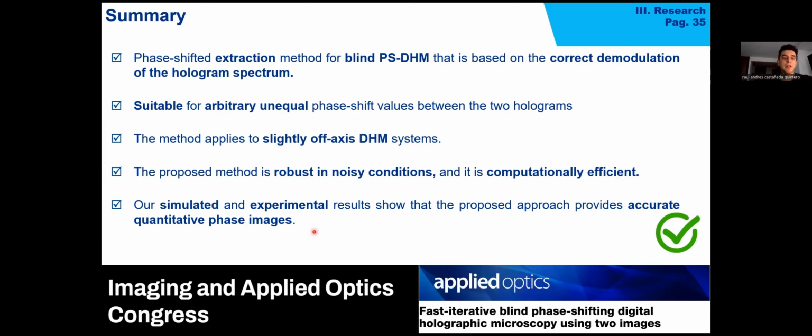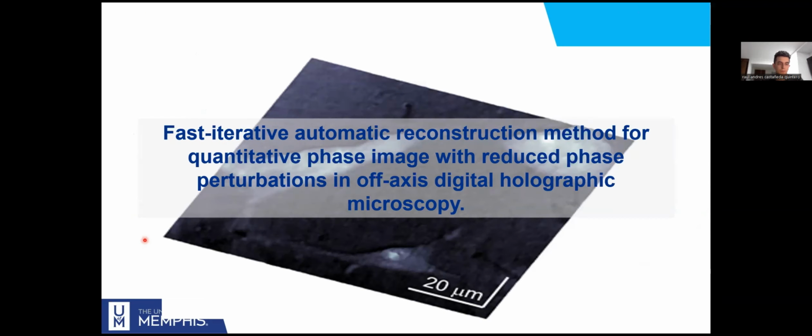Our simulated and experimental results show that the proposed approach provides accurate and quantitative phase images. The main contribution of this work has been presented at the Imaging and Applied Optics Congress in 2020, and we also have a paper in Applied Optics.